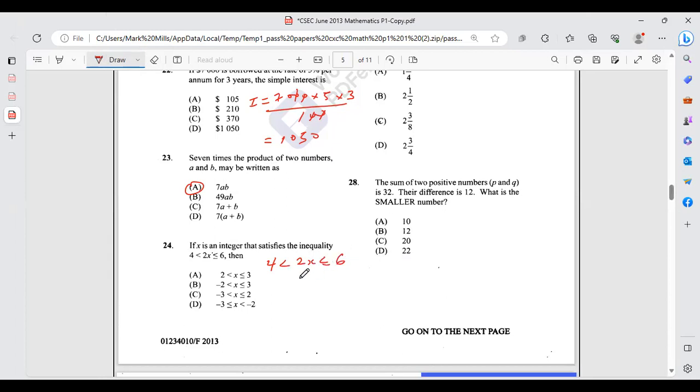What will I do to get the answer here? I divide both sides by 2. So we divide everything by 2, right? If we divide everything by 2, we are going to get 2 less than x less than or equal to what? 3. So that's what I've been A.